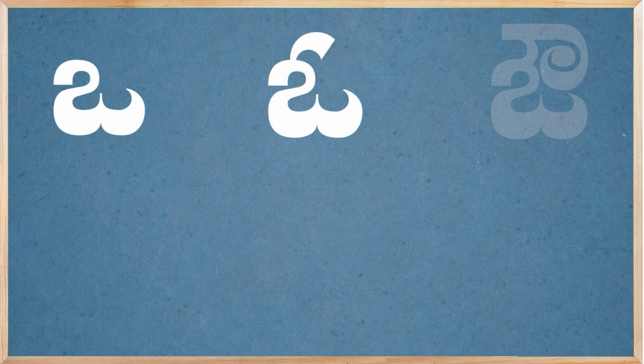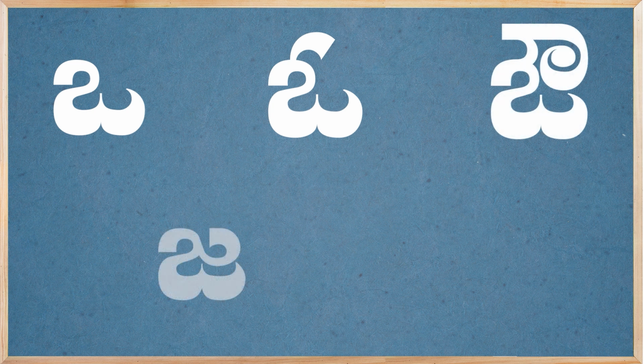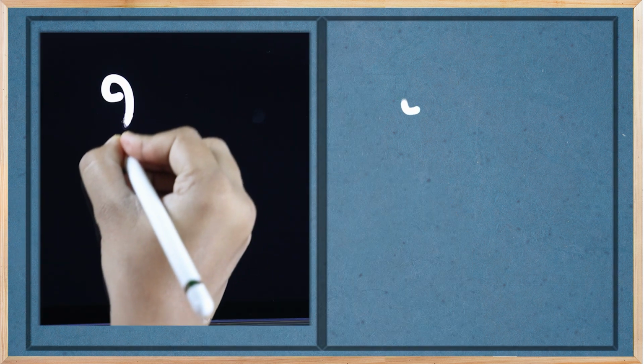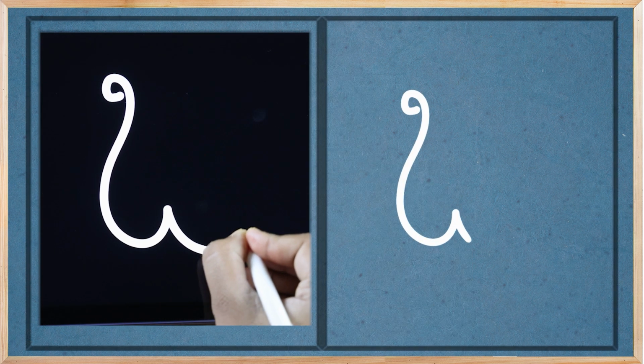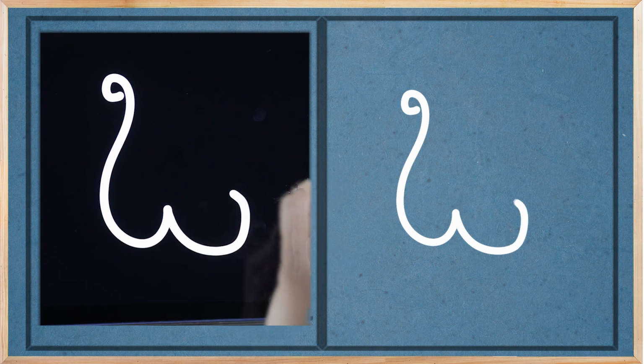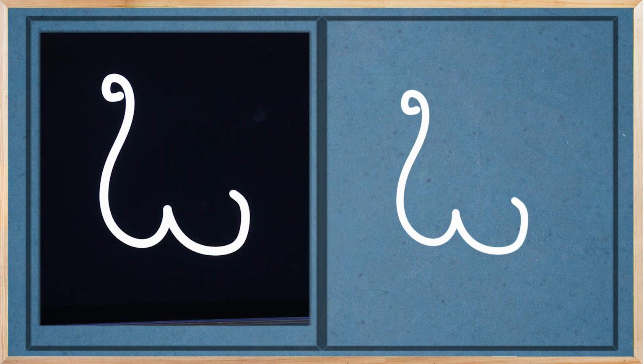In this category, we will study the letters O, O, Au, J, Gna. Let's begin with O. To write the letter O, start with a small circle from left top, bring it down with round shape and make 2 half semicircles on the same line as shown by the arrows.